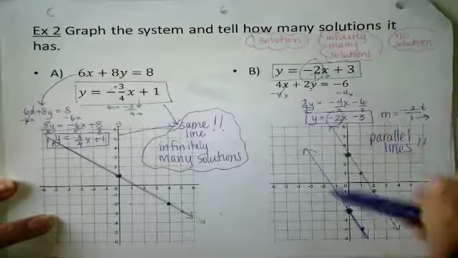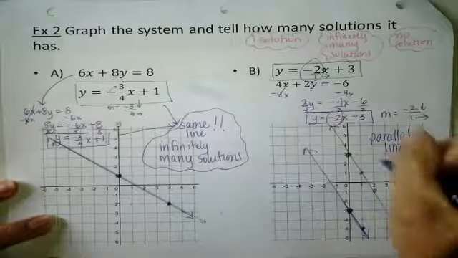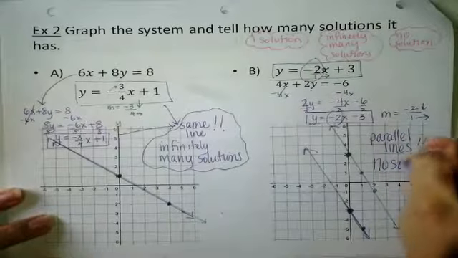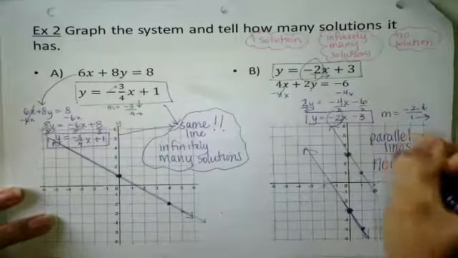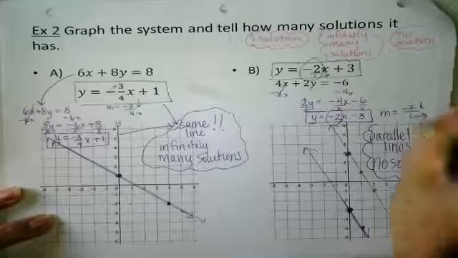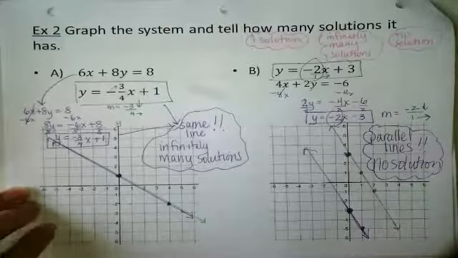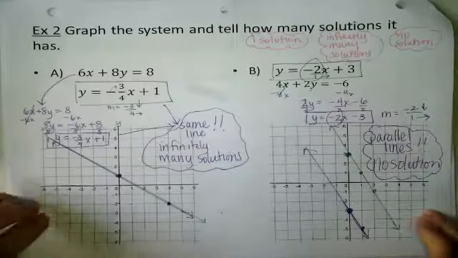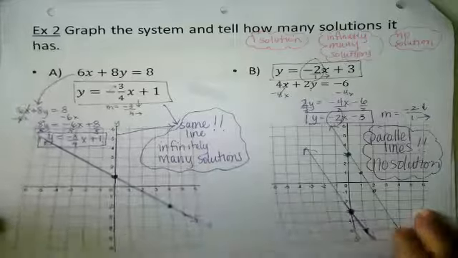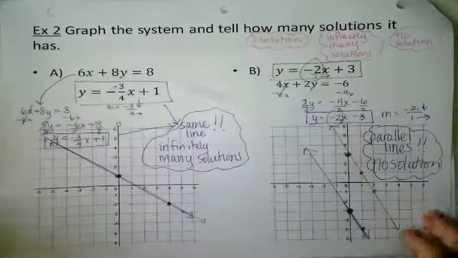None. They're never going to cross. They're parallel. So we get no solution. All right. So be very careful looking out for parallel lines. No solutions because there are no intersection points.